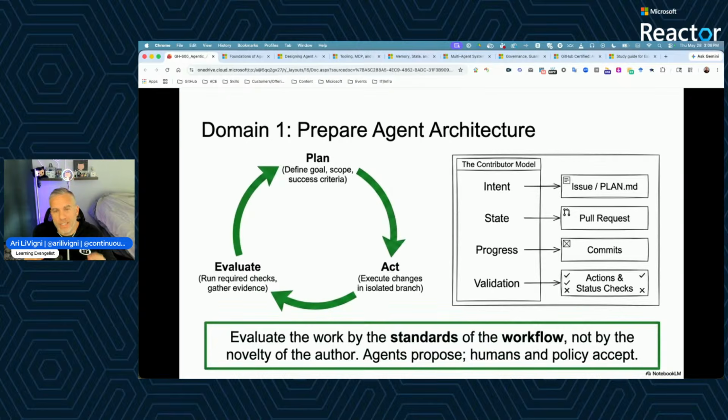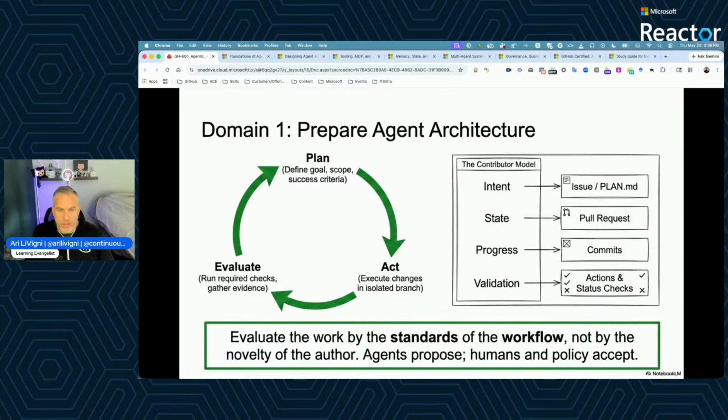But that also gives information to the agents and to Copilot to understand: was our code accurate? Was it successful? Do we have the right tests in place? Do we need additional tests? So we plan, we act, we evaluate, we run the required checks, we gather that evidence, and we put that back into the plan. It's a cyclical role. So keep that in mind when you're taking the exam.